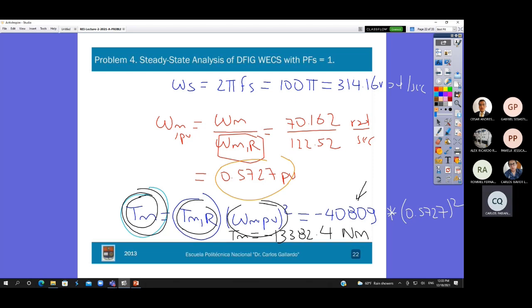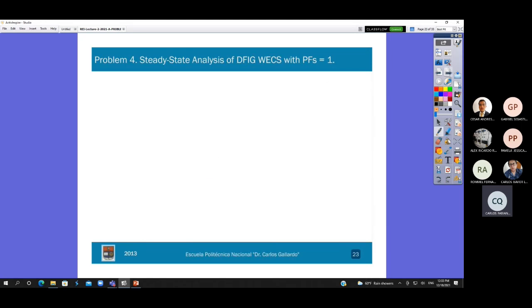What about the mechanical power? The mechanical power is proportional to the cube. So let's continue computing the mechanical power in order to finish question A. For the mechanical power, once again, starting from the rated value, that is the reason I have the subscript R. It means rated.